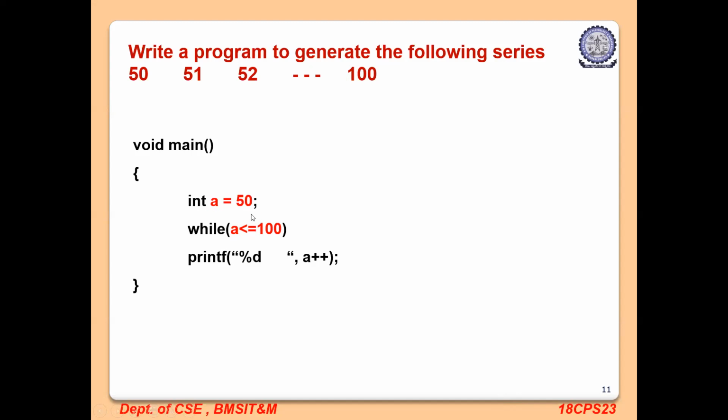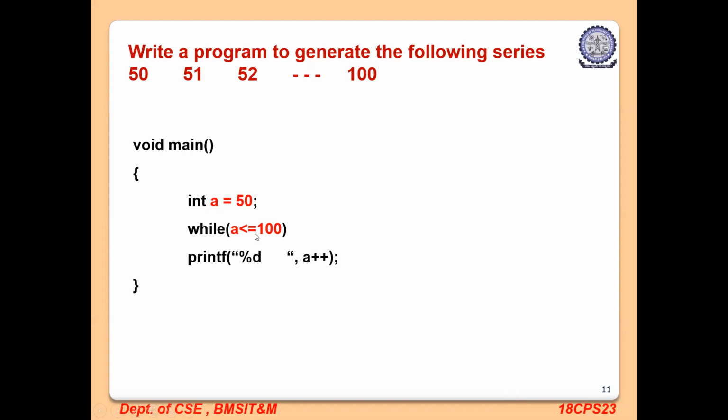So the initial value of A is 50. The condition that we need to check is A less than or equal to 100. So what will be the first value of A? It is 50. 50 is less than or equal to 100, so the condition evaluates to true. The printf statement executes. Next, A value becomes 51. 51 is checked with 100. Yes, 51 is less than or equal to 100.